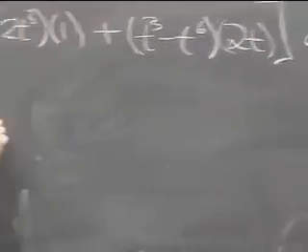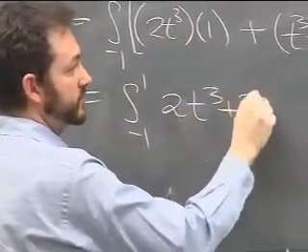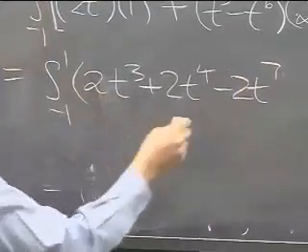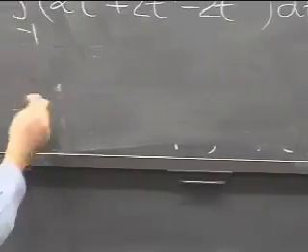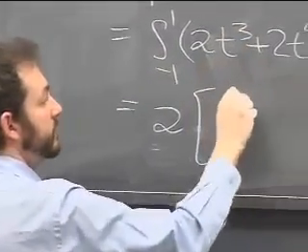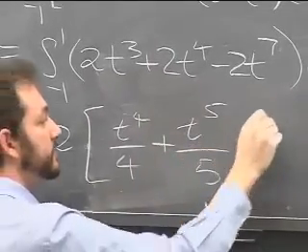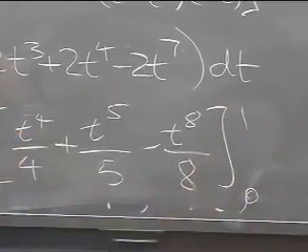This is a regular integral. 2t cubed plus 2t to the 4th minus 2t to the 7th. 2 looks like a common factor, I'll pull it out. t to the 4th over 4 plus t to the 5th over 5 minus t to the 8th over 8, evaluated between minus 1 and 1.